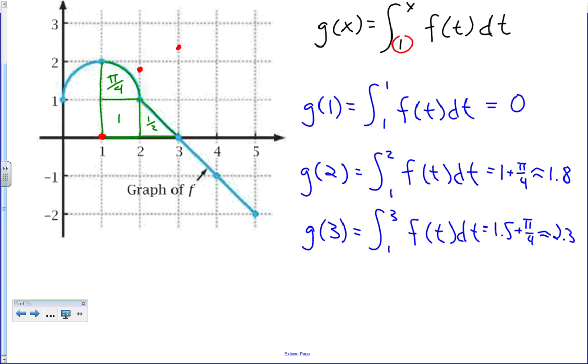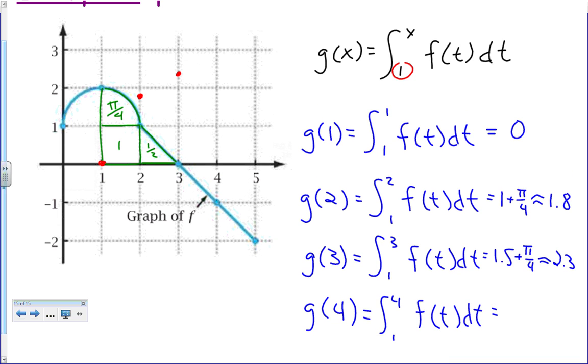And you can kind of get the idea of how this is going to keep going here. So let's do the last 2 points that they've got indicated for us here at 4 and at 5. So g of 4 is equal to the integral from 1 to 4 of f of t dt. And so that's equal to, let's find the definite integral from 3 to 4. That's going to be this region.